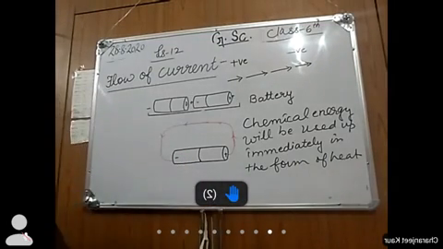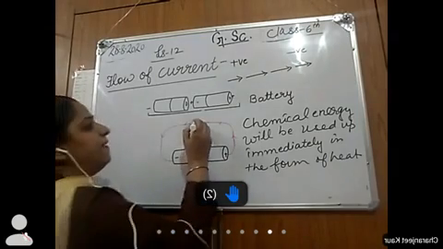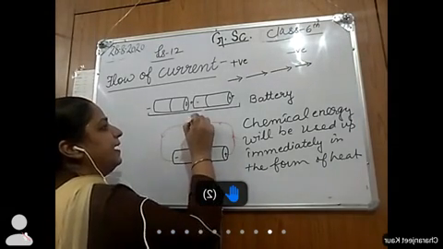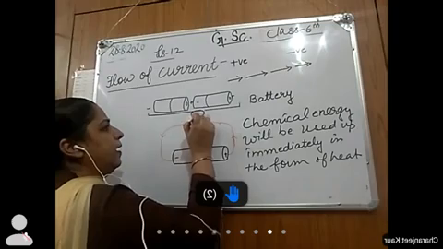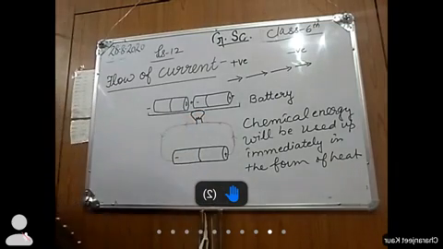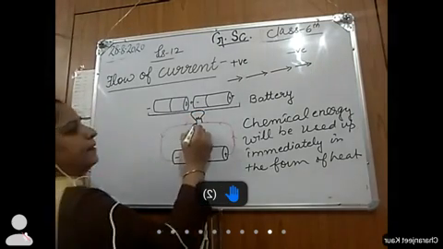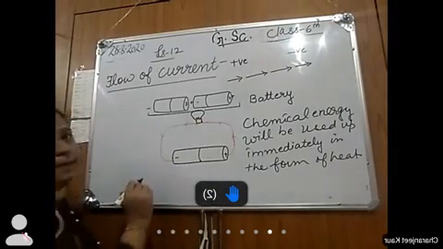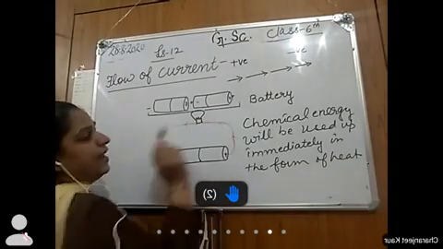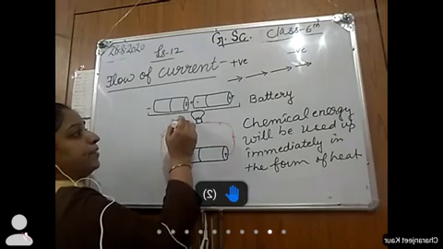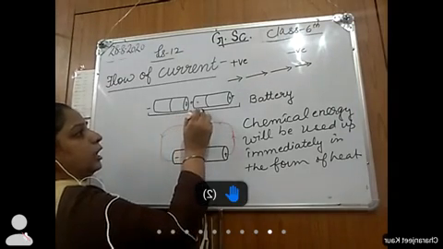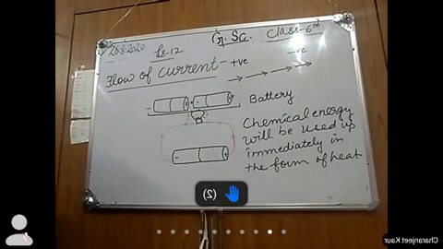So it is necessary to always connect it through an object, a lighting device. Say this is a bulb. I have placed the bulb in between. Now when we connect the two terminals to the bulb, it will glow. Clear?